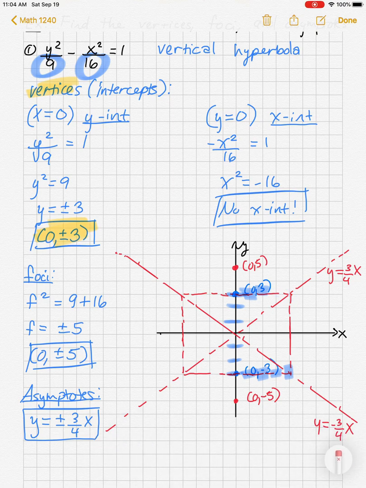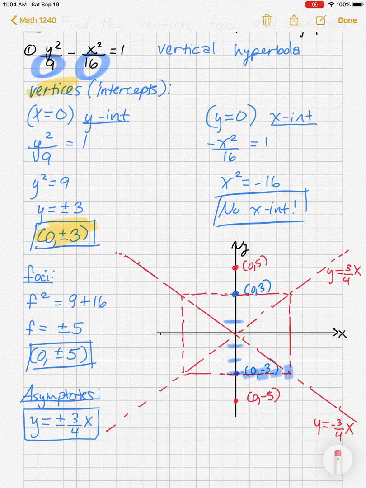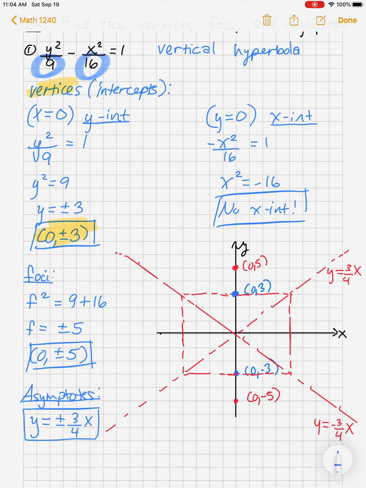And now I'm going to draw in my hyperbola. Okay, so let's use this color. I start at the intercept, and then I have to approach the asymptote.